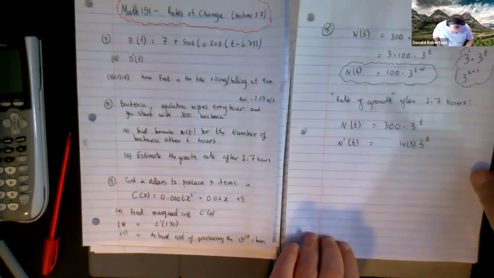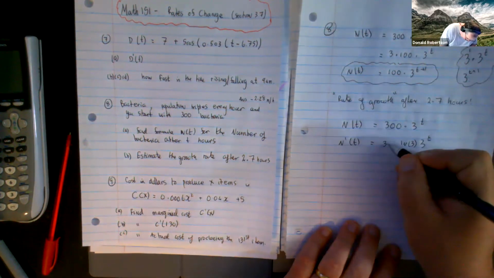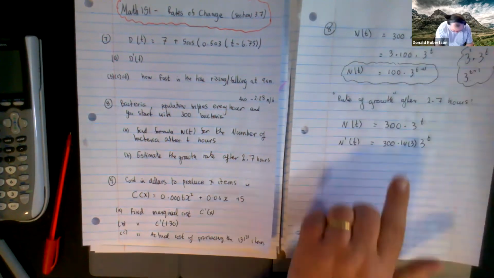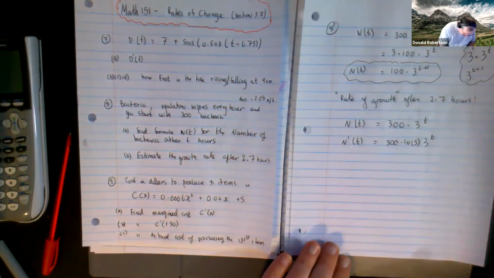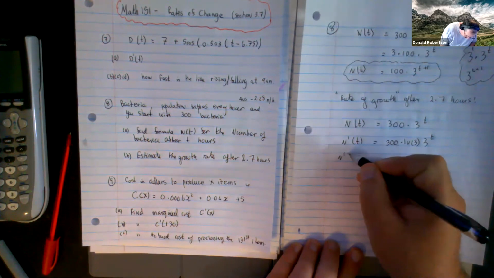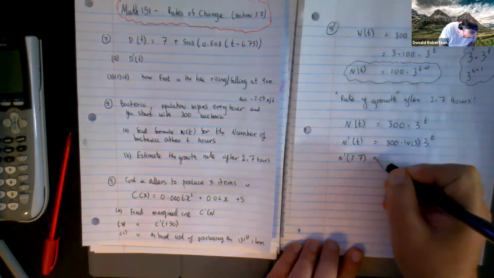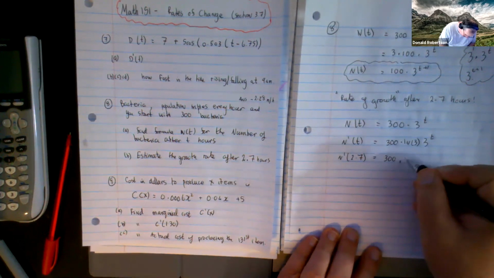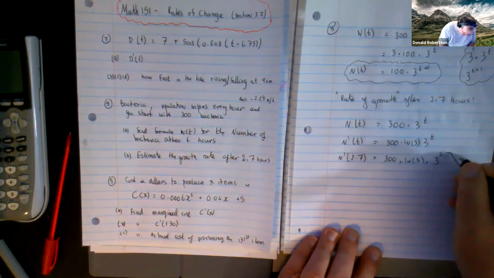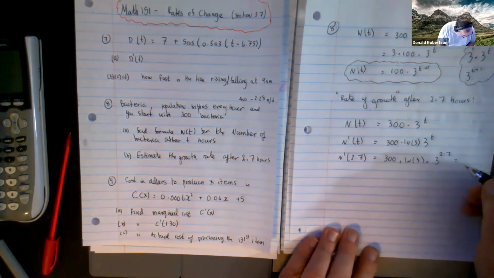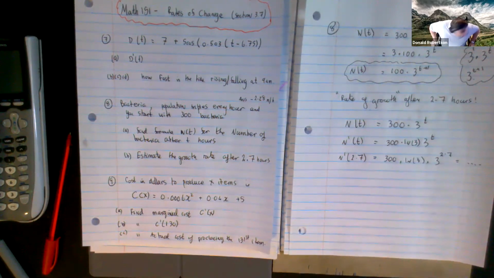back here, 300 times this is 300 times the derivative of 3 to the t, which is that guy. And if you want to know what the answer is at 2.7, you would just go to your calculator and find out what that ugly mess is. I'll put a dot, dot, dot there because I didn't actually get round to hitting my own buttons.